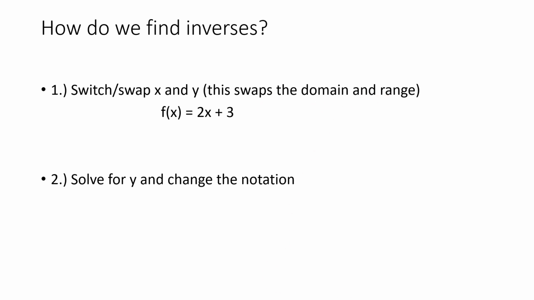And what I usually tell my students is if it's given to you in f of x notation, take a quick second and just change that notation over. And now what you're going to do is literally switch the x and the y. So we've done this swap of the domain and the range. If there is more than one x, okay, then you will end up with more than one y.